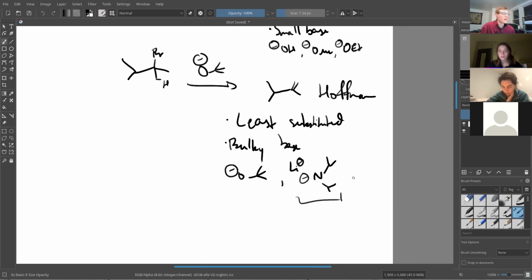So it's called lithium diisopropyl amide, or otherwise LDA. Or if you just see this part, this is the part that's relevant, right? This is the part that we care about. So if you see something like this, then that's a bulky base, so you're going to do Hofmann elimination.